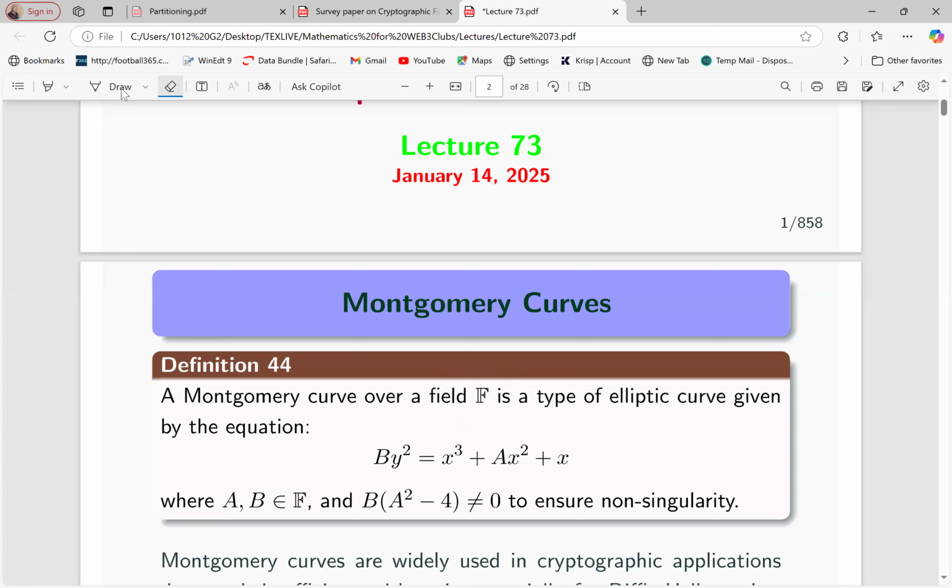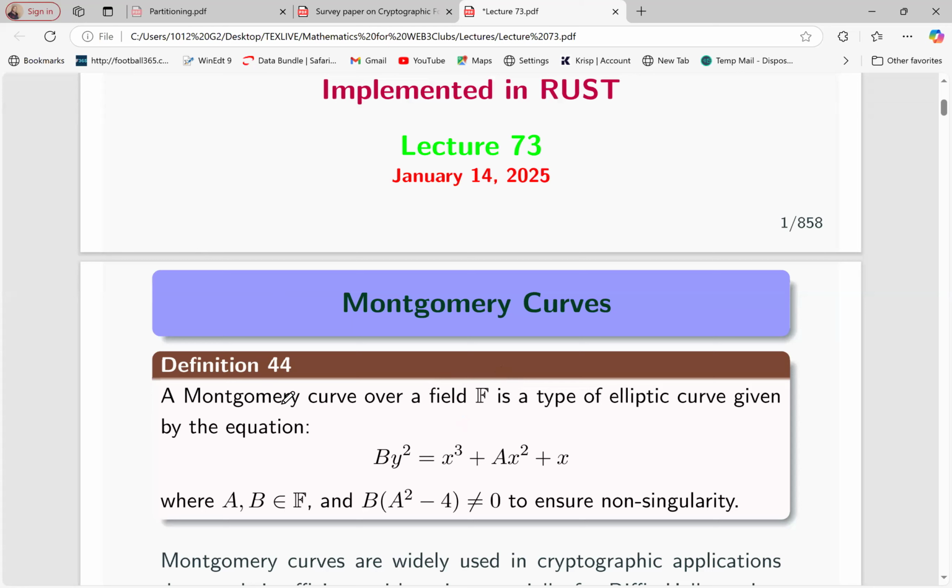Now, just as with the short Weierstrass form of the elliptic curves, we require that the equation, for it to be an elliptic curve, must be non-singular. We require that it must be non-singular. And of course, what this means is that, let me again remind you how we're drawing the elliptic curve for the short Weierstrass.